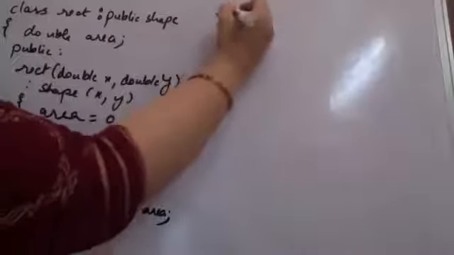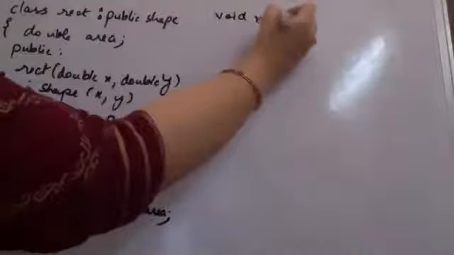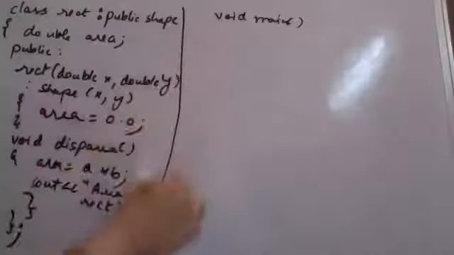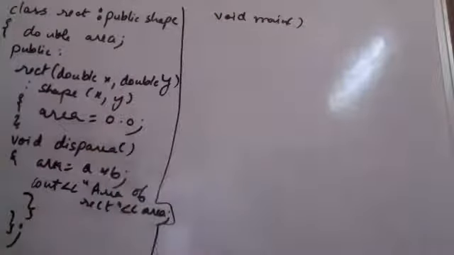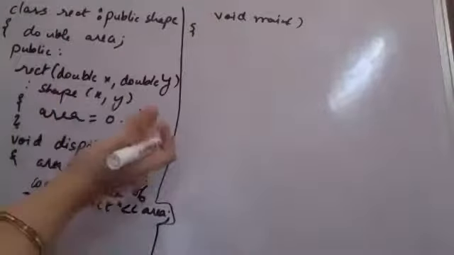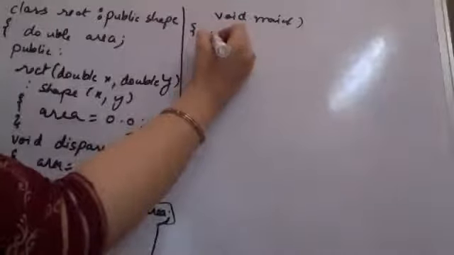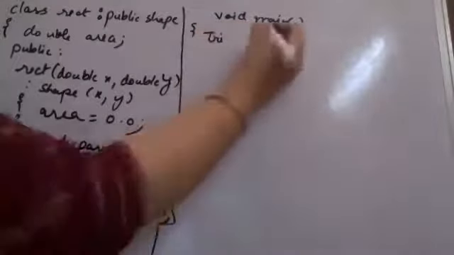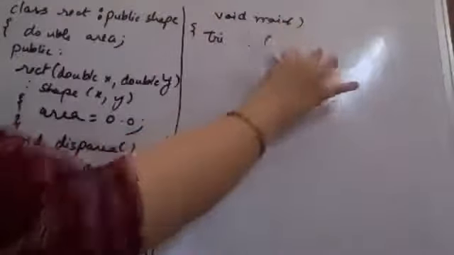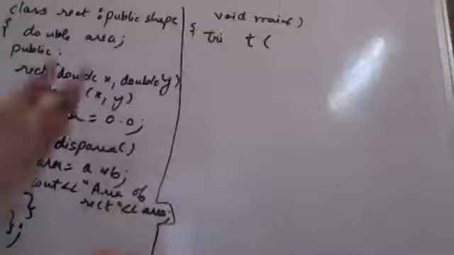So I'm having my void main. Within my main, I am now going to create the variables of various classes. So I am creating a variable of type triangle, supposedly t, and I am passing two values. Either I can use the get data or I can do that also.